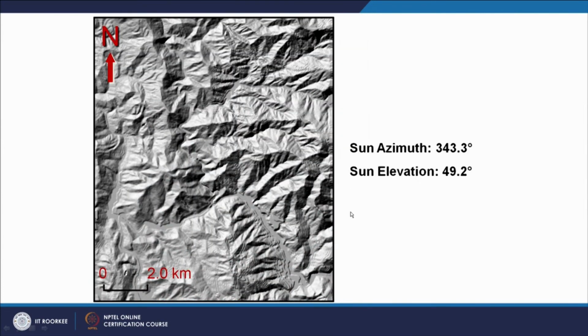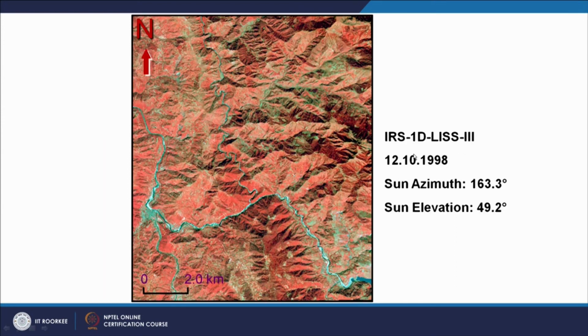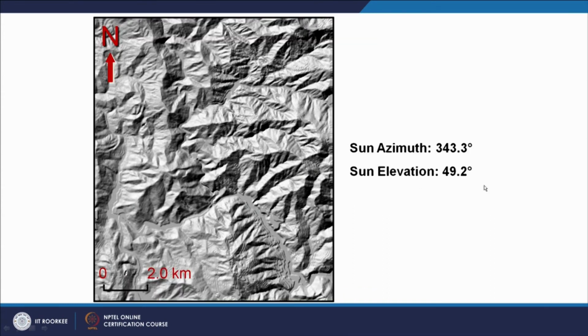Now this is a shaded relief model derived from a digital elevation model, which we have discussed extensively in the Introduction to GIS course. And here just recall the azimuth angle. The azimuth angle in this case is 163.3 degrees. It is just adding 180 degrees, and the sun azimuth is here.